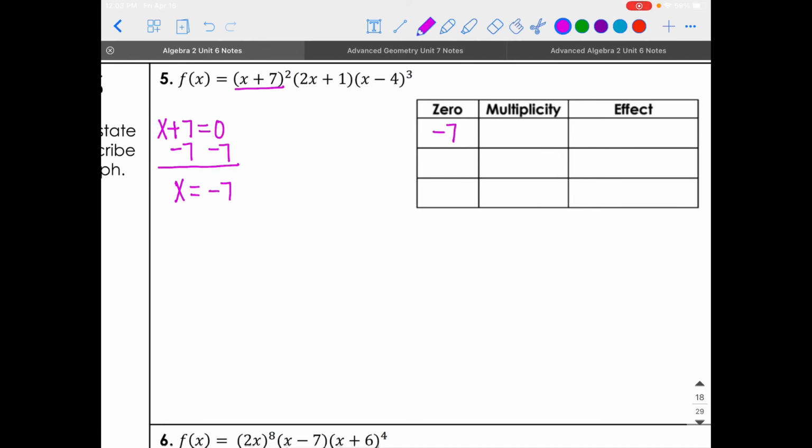So my 0 is -7. What is the multiplicity? 2. So the multiplicity is 2. And what does that do? Does it bounce or does it cross? Well, since the multiplicity is an even number, it's going to bounce.